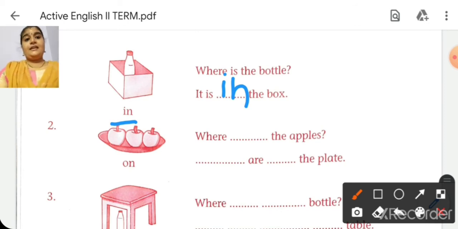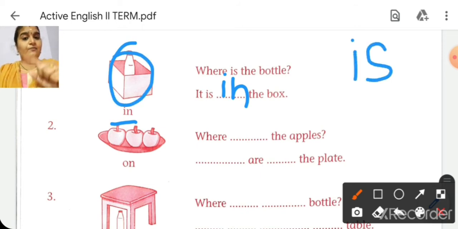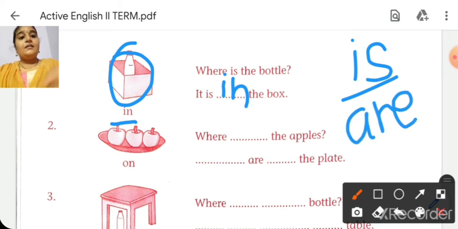So, children, we have only one bottle, so we said is, right? When you have only one thing, we will use the word is. If there are many, we will use the word are. Where are the apples? Okay. So, write where are the apples?